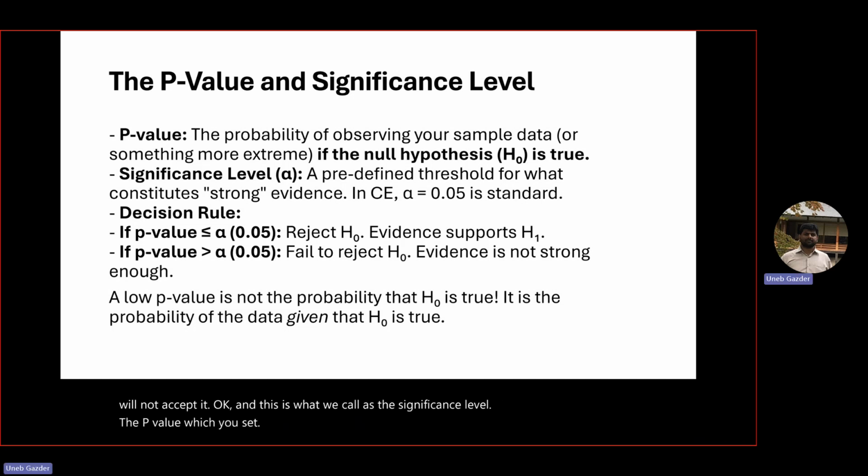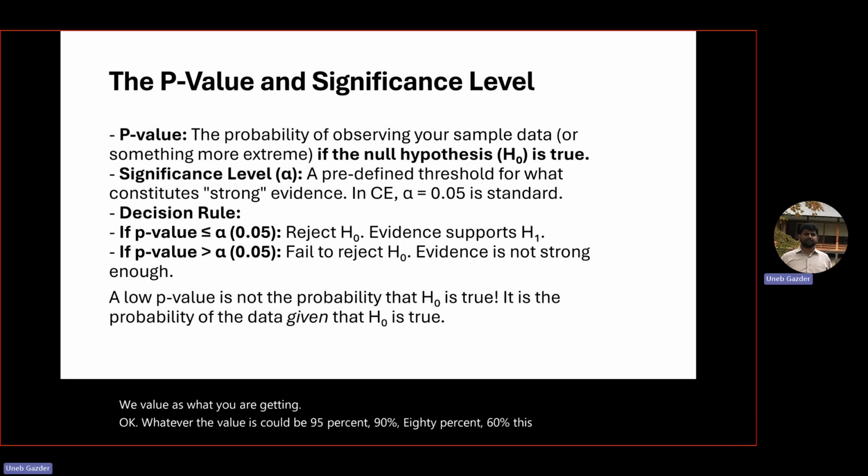Now, when you test the hypothesis, you will get a p value. It could be very high, it could be very low. So the p value is what you are getting. Significance level is the level at which you will accept. Getting my point? The p value is what you are getting, whatever the value is, could be 95%, 90%, 80%, 60%.